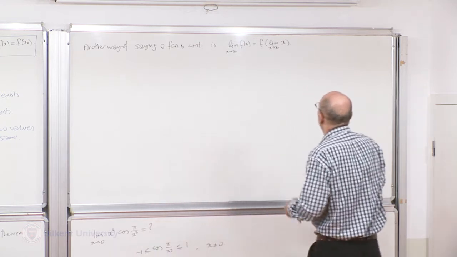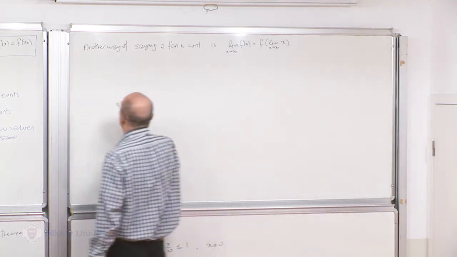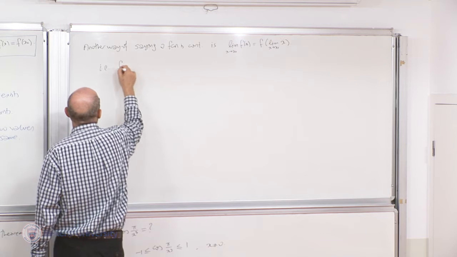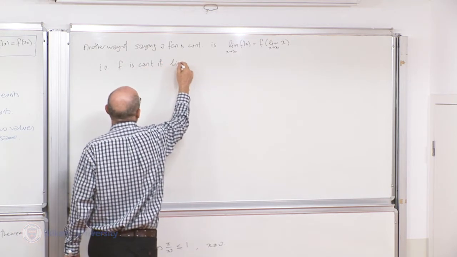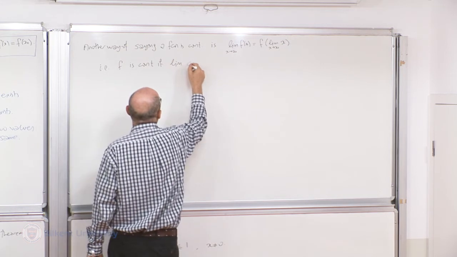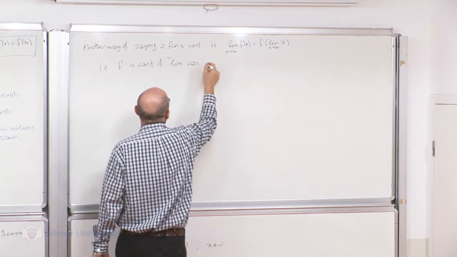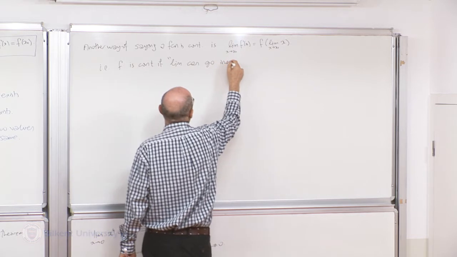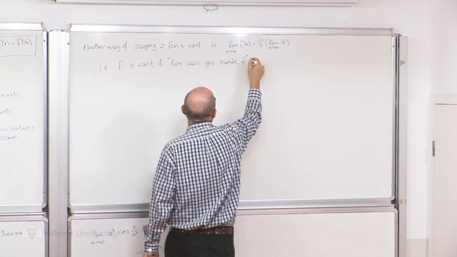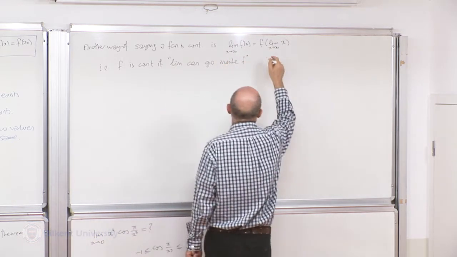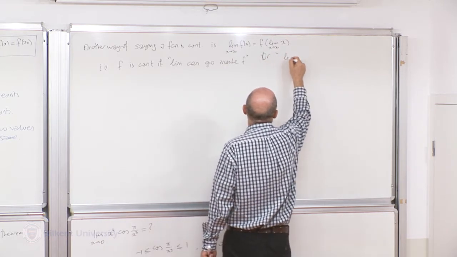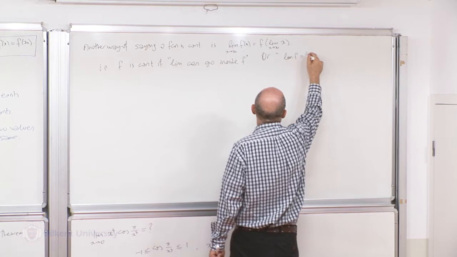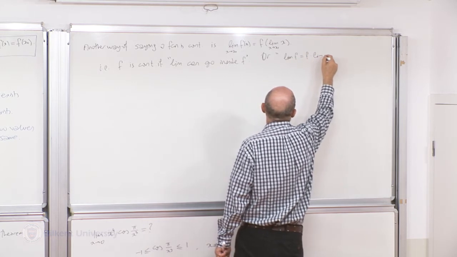Okay, so f is continuous if the limit can go inside f, or limit of f equals f of limit.